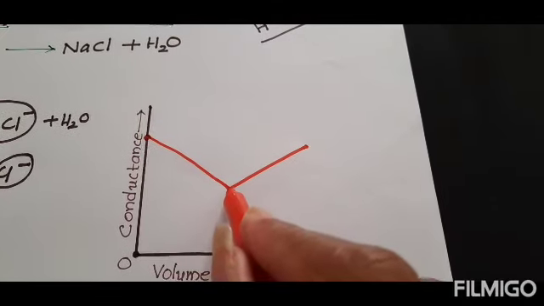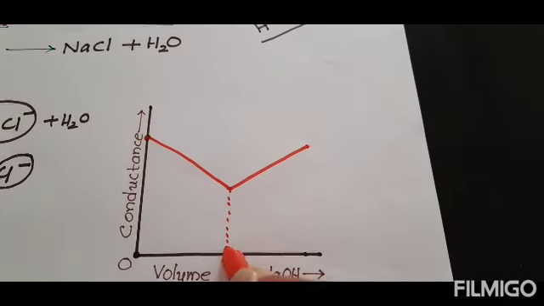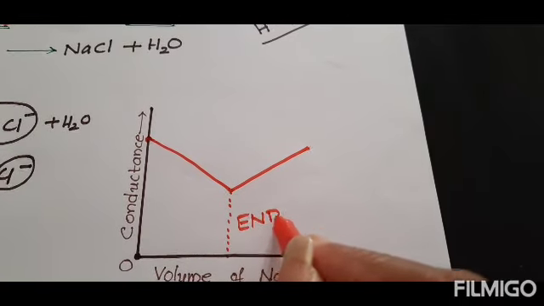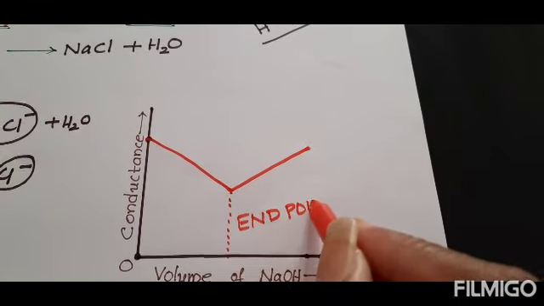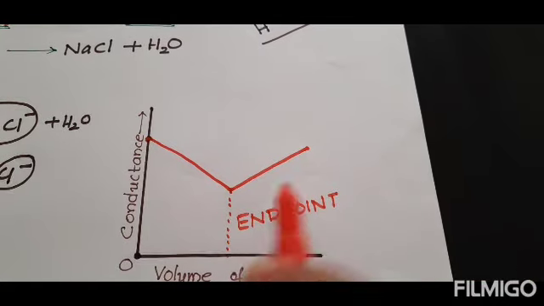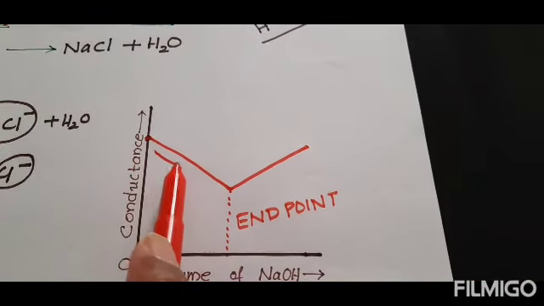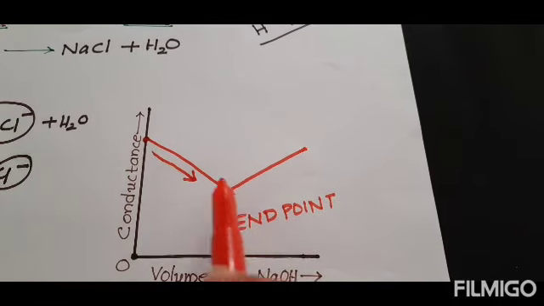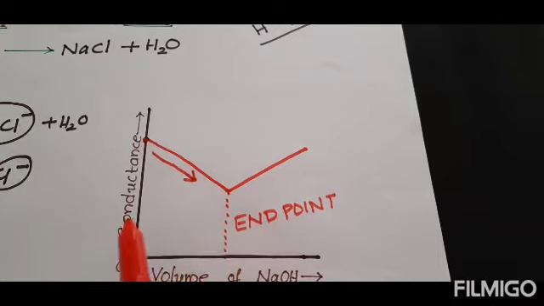So this point represents the end point. Until the end point, the conductance decrease is noticed. That means titration is going on because H plus is replaced by Na plus.